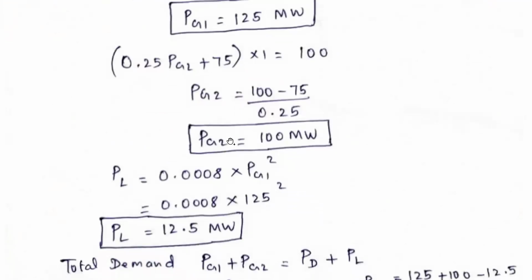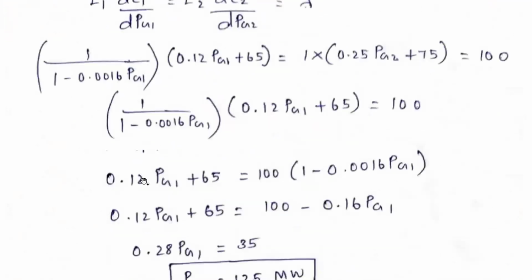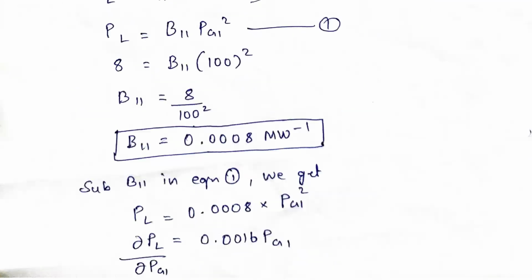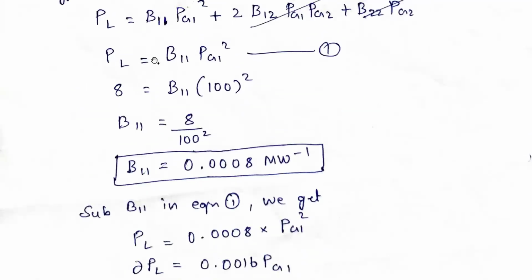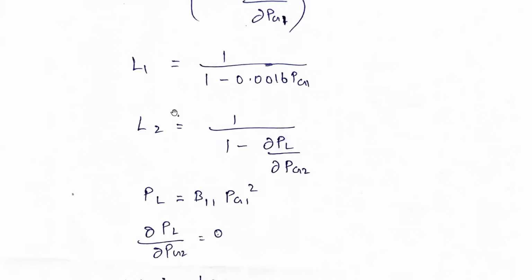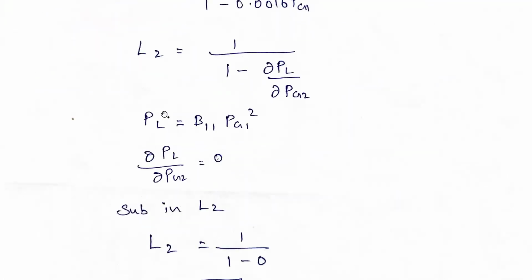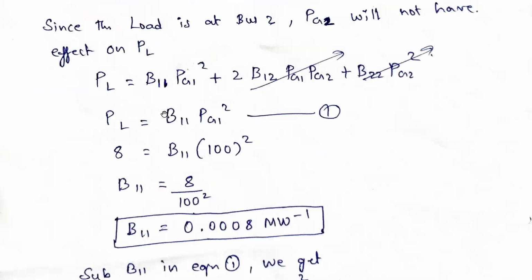Pg1 we got, Pg2 we got. PL, the losses, we need to calculate. PL we calculated already: PL is equal to B11 into Pg1 square.